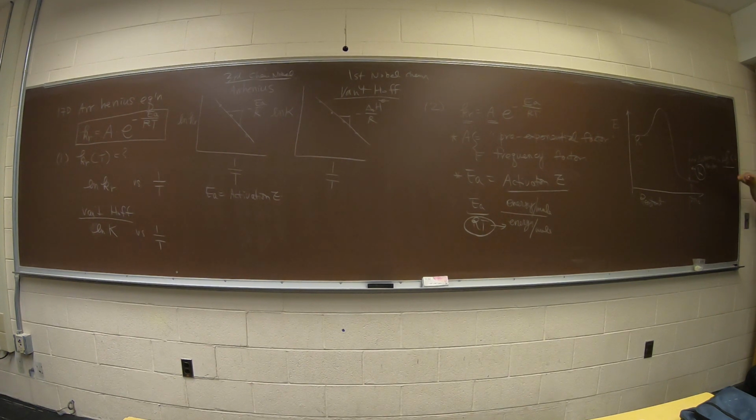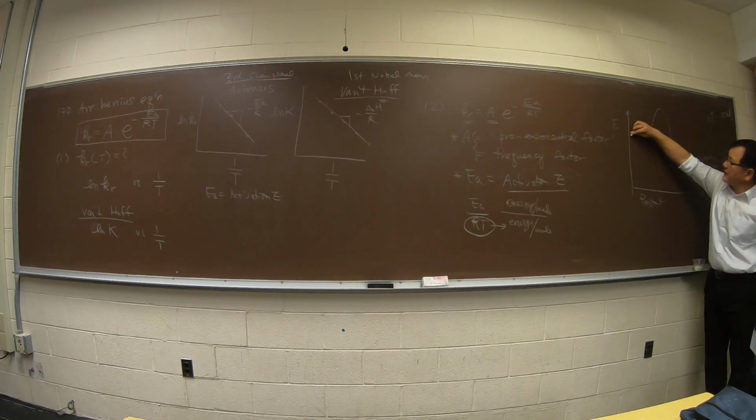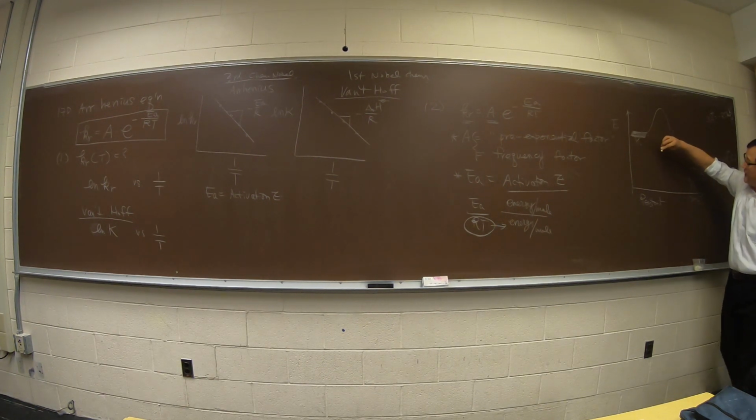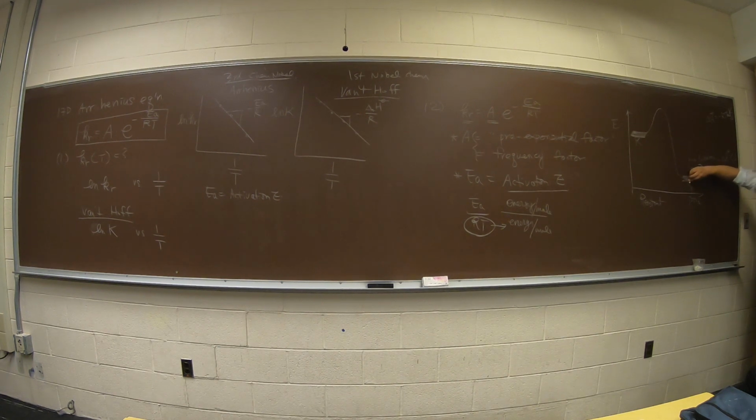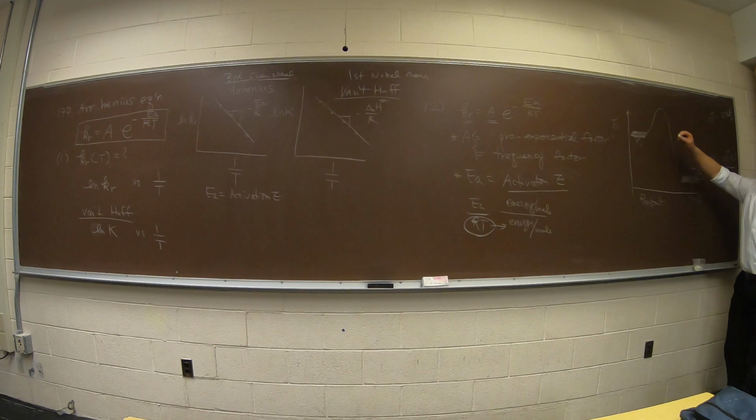You remember delta G of reaction is minus RT ln K. So they are related: bigger H, bigger G, bigger K. So this difference between that and that is about equilibrium chemistry.